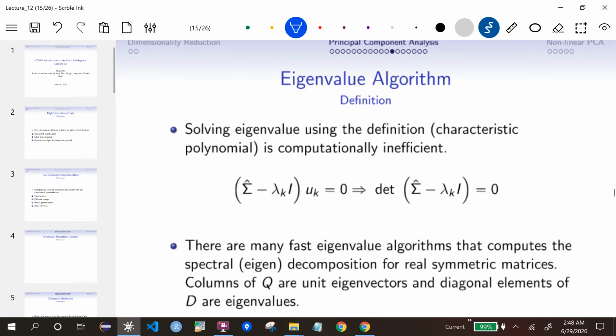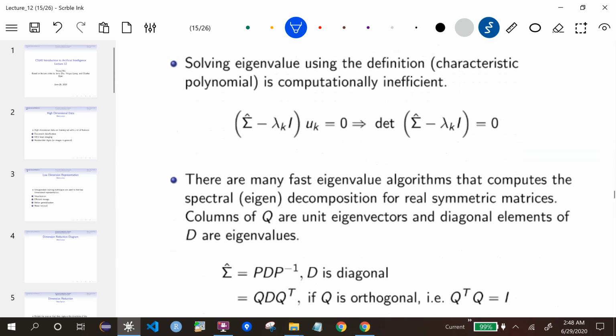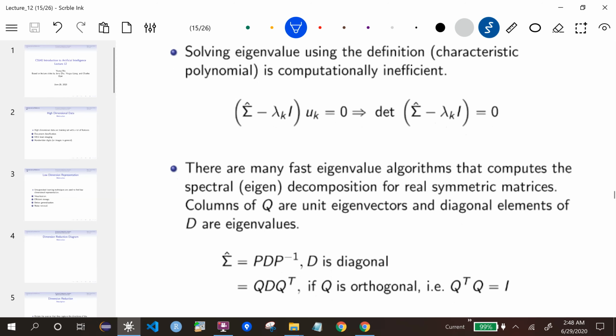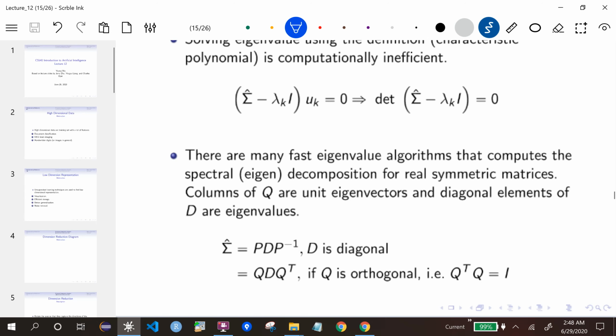In the next slide, I talk about how to actually compute these. I will not ask you to compute any of these things, so it's okay; you don't need to know that. If you want to implement it, don't implement it yourself. It takes a long time to implement eigenvalue algorithms, so you should probably use a package. Most programming languages have a linear algebra package that computes these eigenvalues and principal components.